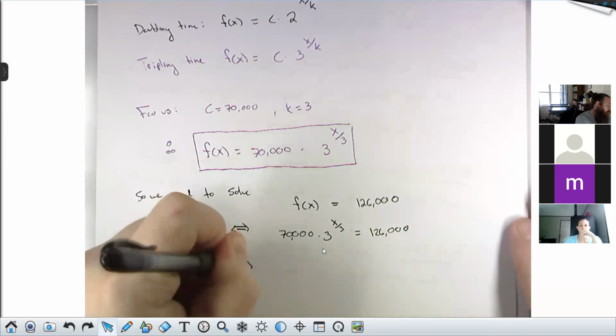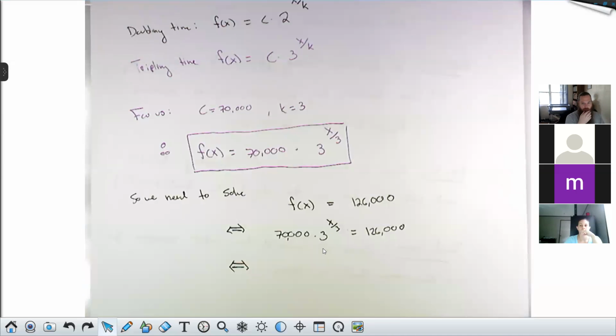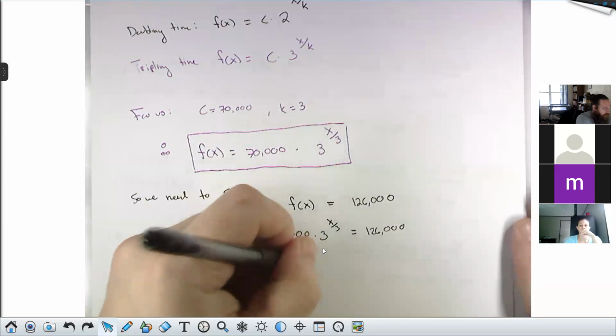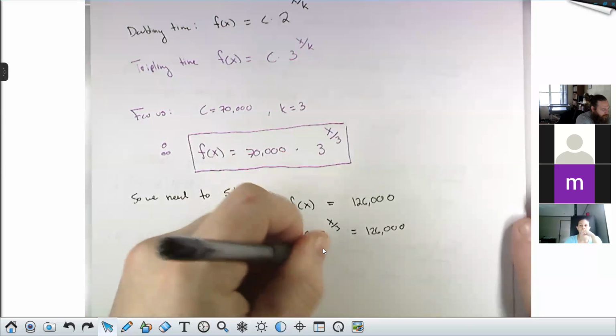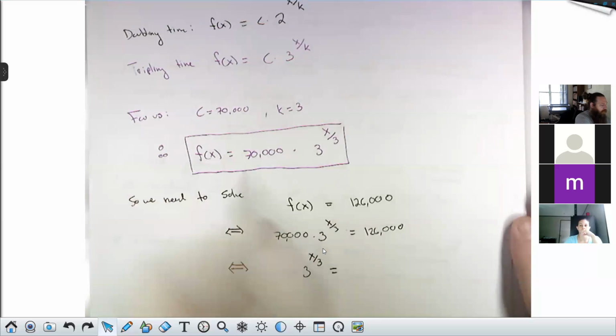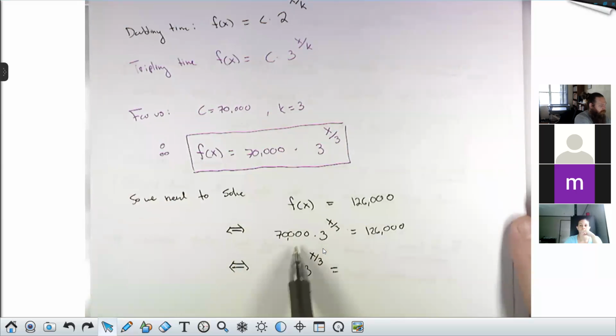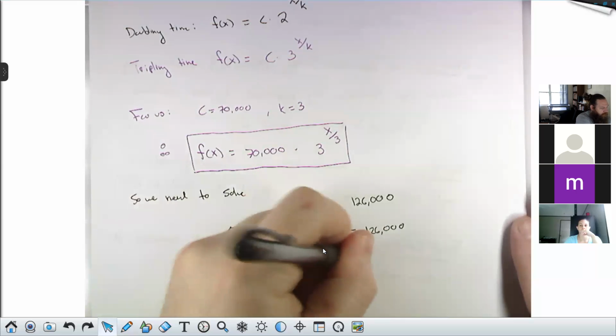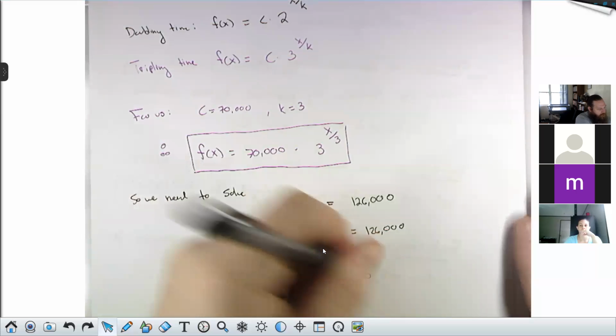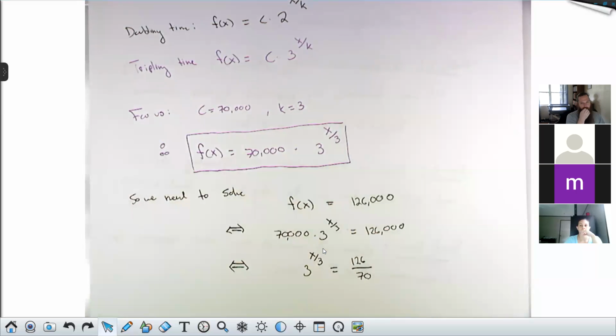This is the same sort of equation that we had to solve graphically way back in the previous homework on growth rates, remember? But now we can solve this exactly, because this whole section is about how to solve exponential and logarithm equations. So if I divide both sides by 70,000, I'll get 3 to the x over 3 equals 126,000 divided by 70,000. That's just 126 over 70. You can simplify it more if you want. That's just the obvious thing.